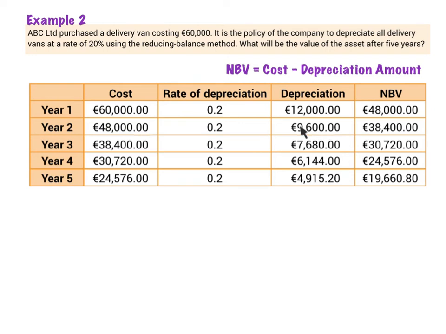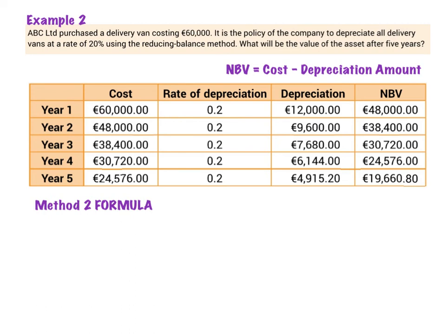Take these two amounts away and you get 38,400, and so on until you get to year 5. Now that's a very tedious method of doing it, but it's perfectly acceptable. Now what you can do is method 2, which is the formula we looked at a moment ago. It might be a bit easier for people to follow.